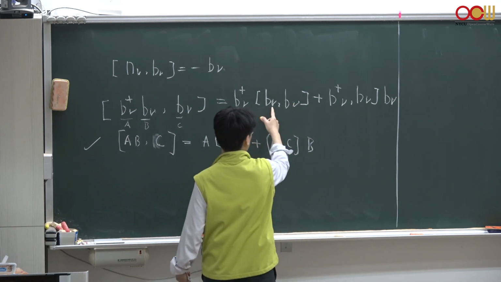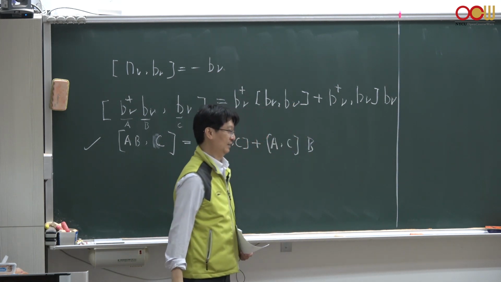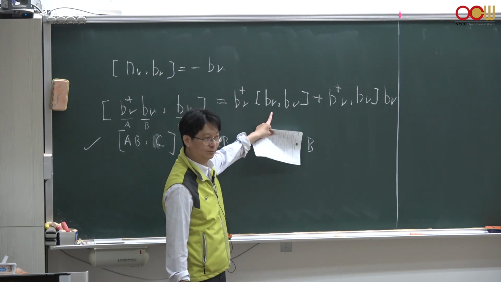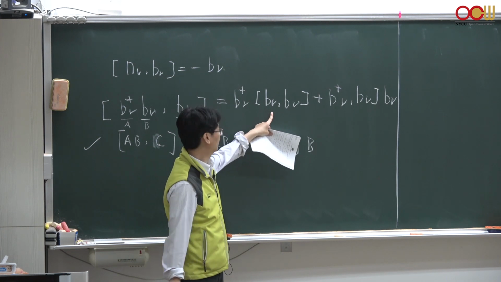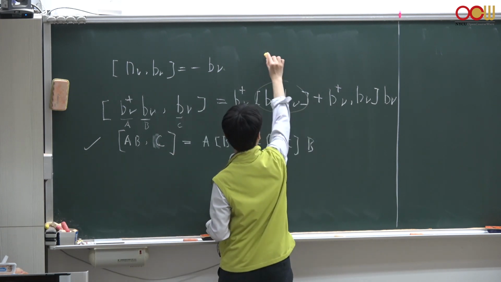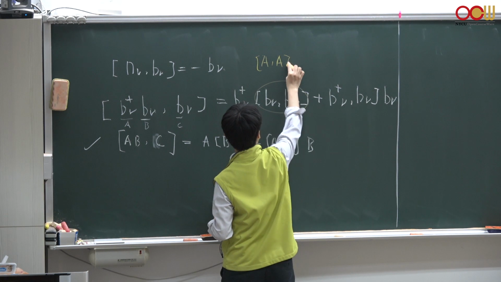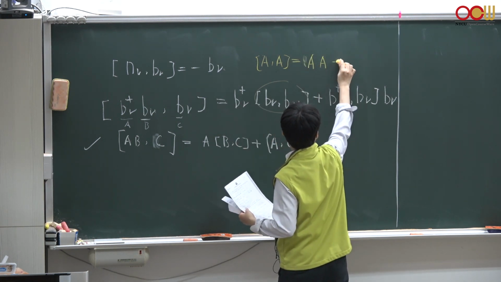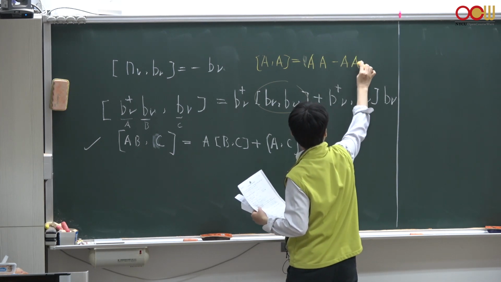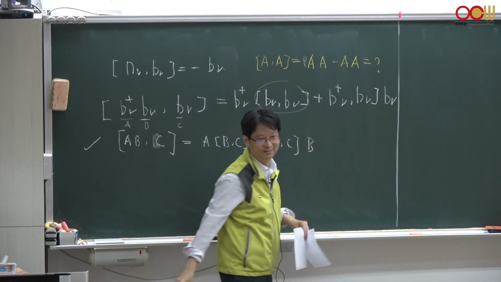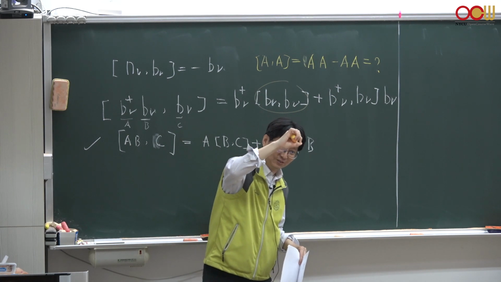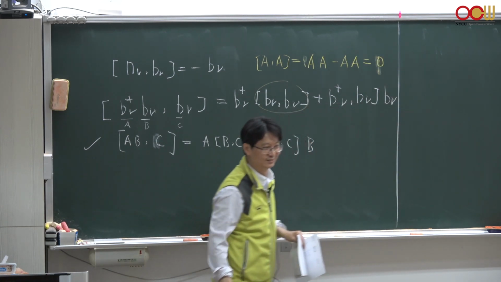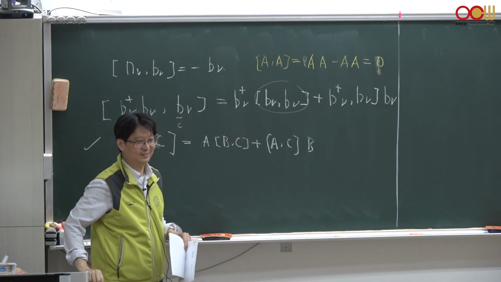So first, if there are two operators and they are the same operators, and you put them in the commutator, you tell me what this is. If this is A commutator A, you tell me what this is. This is A minus A, which is what? 0, right?